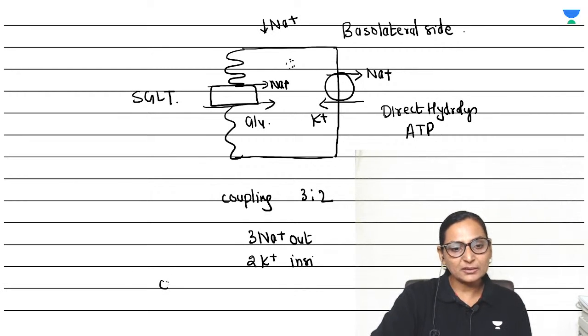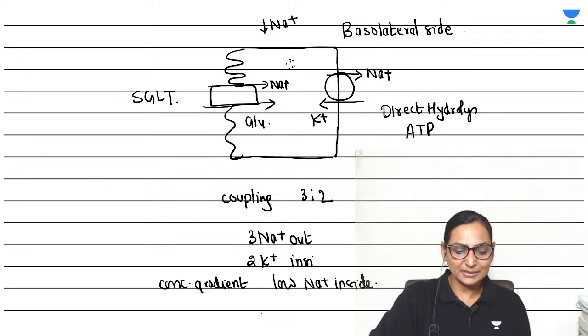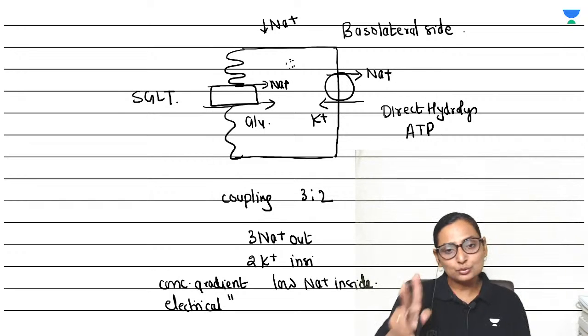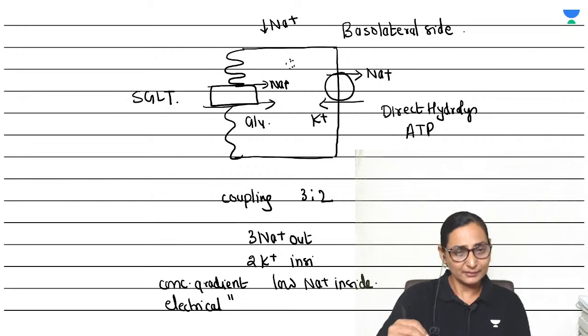That means it is creating a concentration gradient because it is keeping low sodium inside. Apart from that, sodium is a positive ion, so it is also taking positivity outside, which means it is also creating an electrical gradient. So it is creating two gradients, a concentration gradient and an electrical gradient, right?